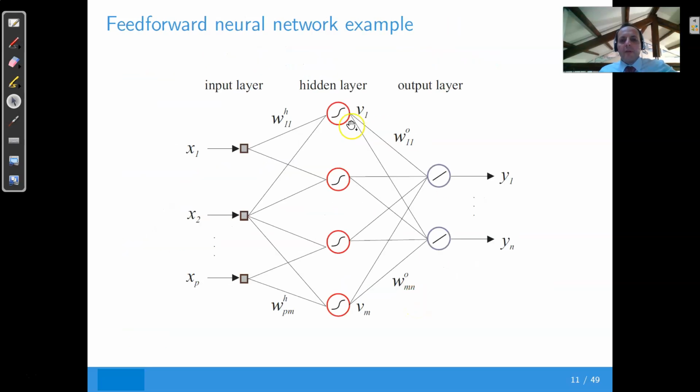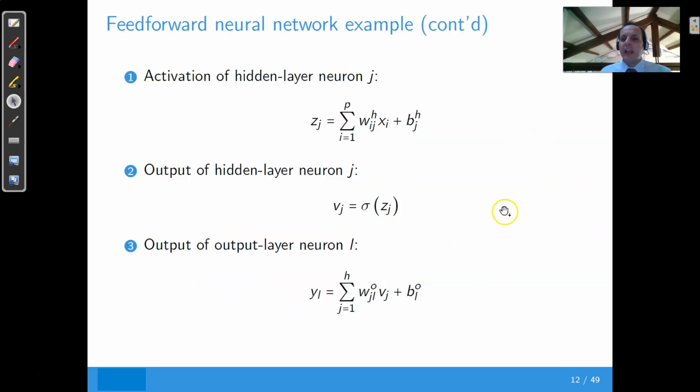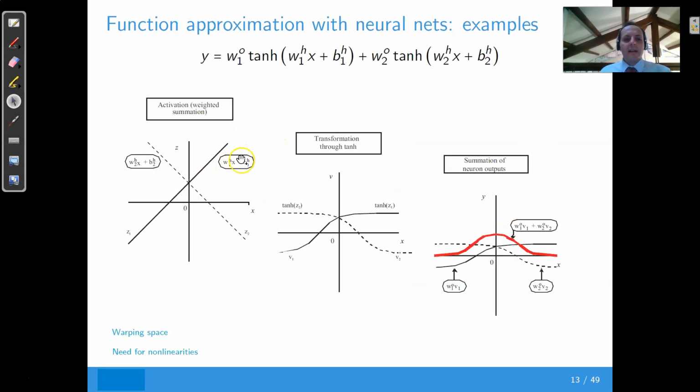By considering a very simple example of a network, as in this case with two layers, in order to simplify the computation of the overall transfer function from the input to the output, we can see the activation here.